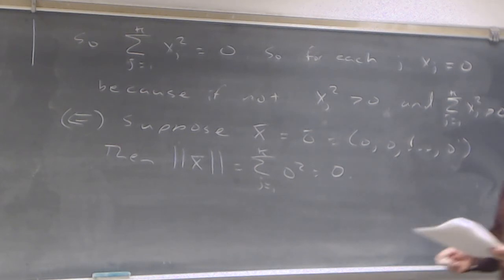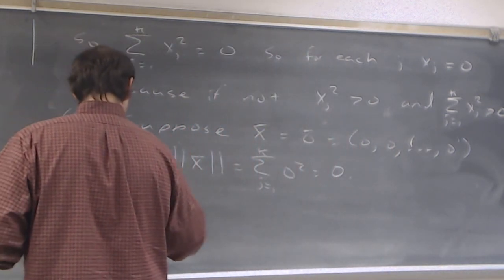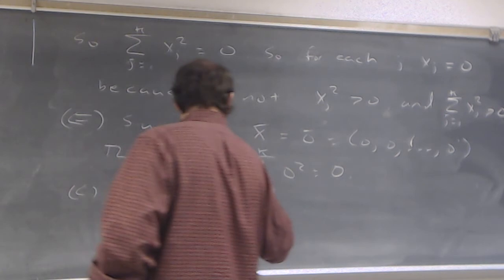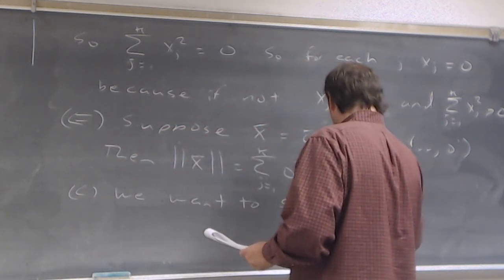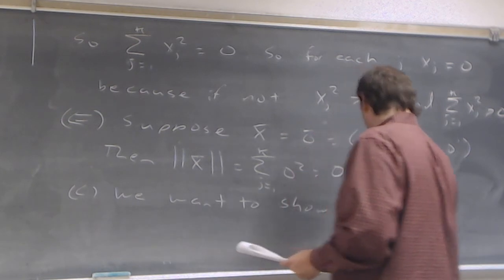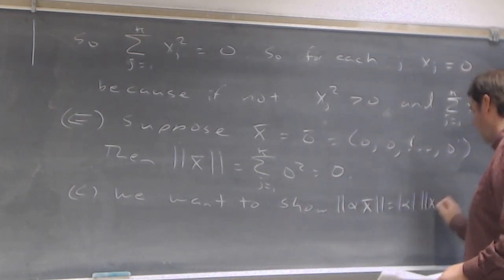Part C, we want to show that the norm of alpha times x bar is equal to the absolute value of alpha times the norm of x bar.